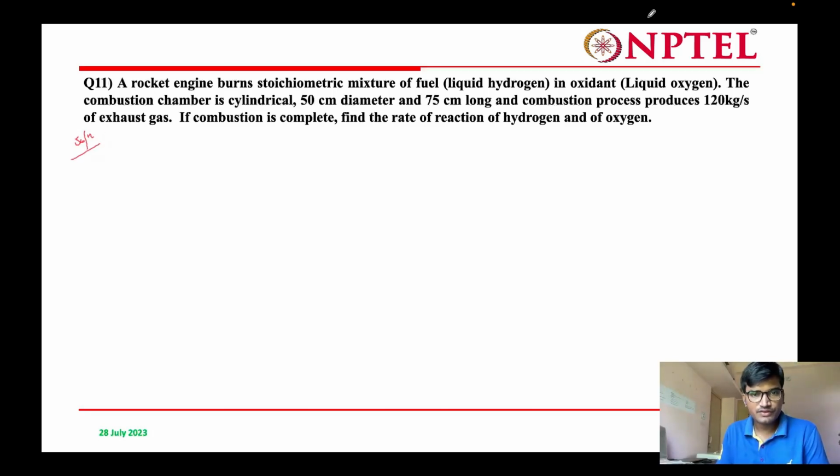In this question, we have to calculate the rates of reaction of hydrogen and oxygen, R H2 and R O2. Here the dimensions are given, the stoichiometric mixture of hydrogen and oxygen, and it produces 120 kg of exhaust gas. Right.